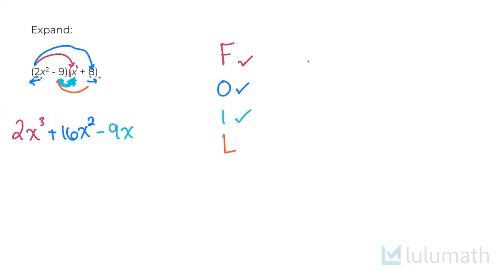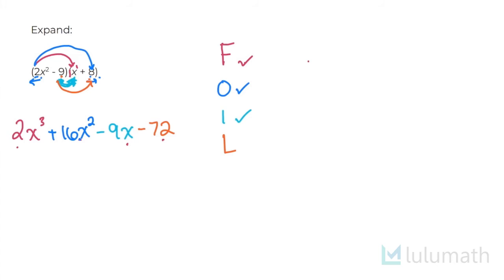Well, -9 times 8. -9 is the last term in my first binomial. 8 is my last term in my second binomial. So I'm going to write -72, because -9 times 8 is -72. So looking at this right here, 2x cubed, nothing is like it because there are no other x cubed terms. 16x squared, nothing is like that.